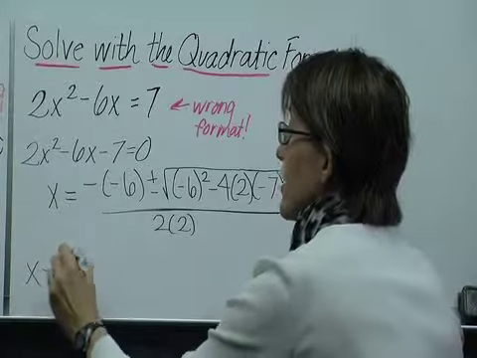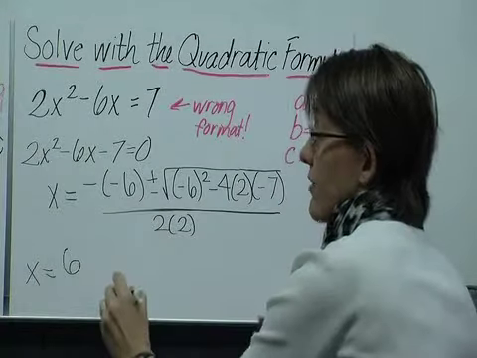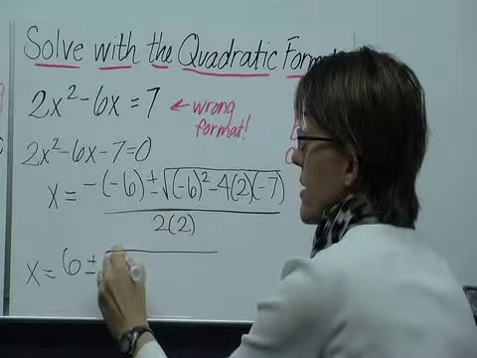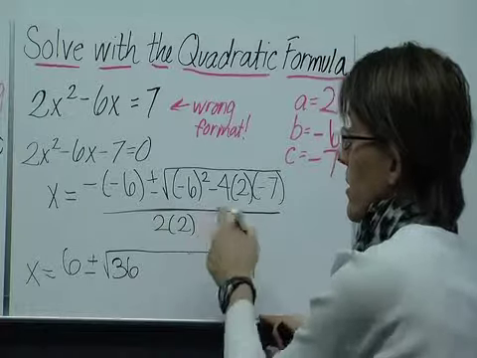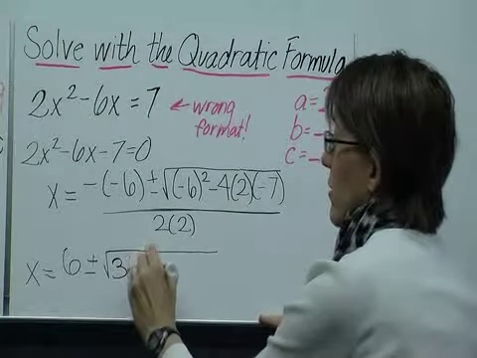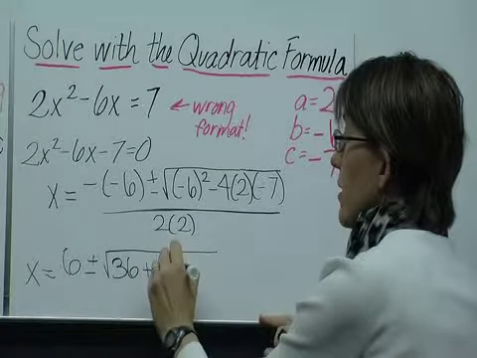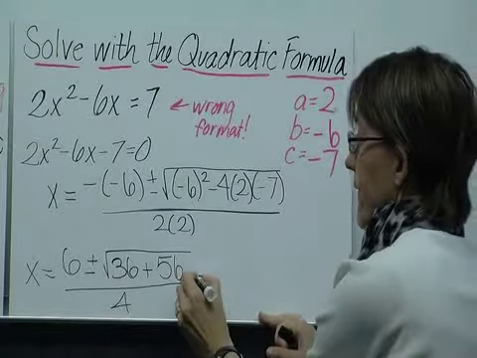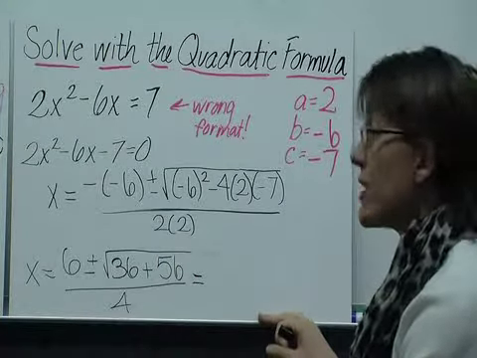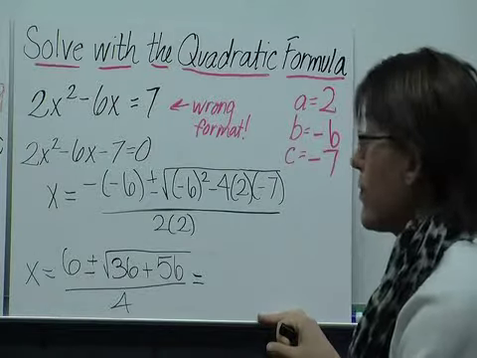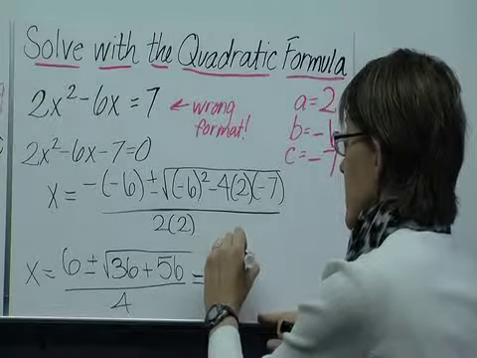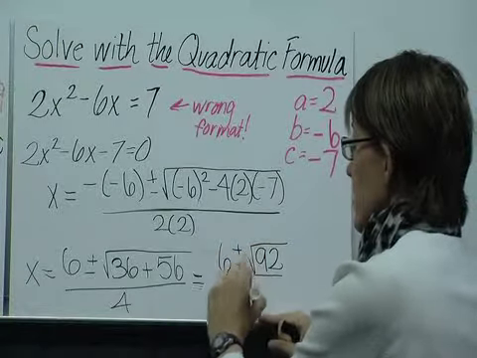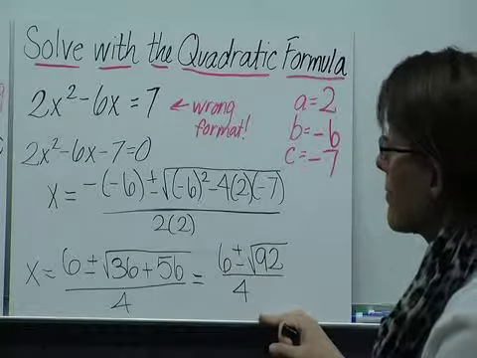So I have x equals 6, the opposite of negative 6 is 6, plus or minus 36 minus, oh, that's going to be positive, plus 56, all over 4. So 36 plus 56 is 92. And I have 6 plus or minus the square root of 92 all over 4.